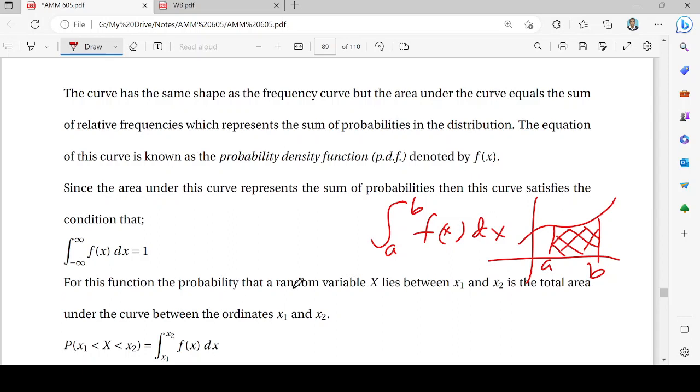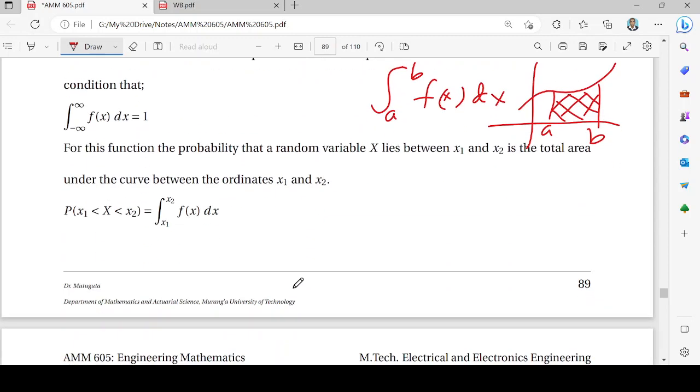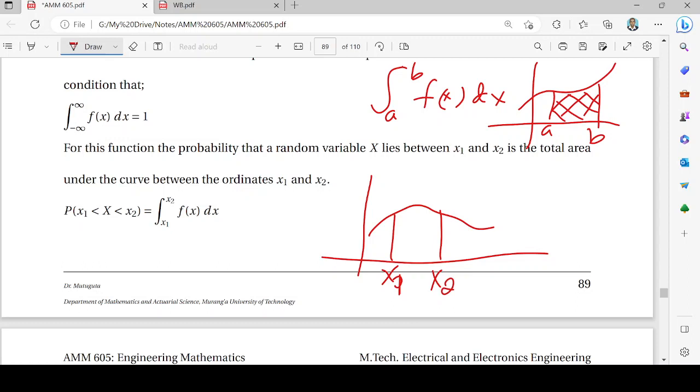So if we want to find the probability that the random variable lies within a given interval between x1 and x2, whenever we have the curve and want to find the probability that the random variable lies between some points x1 and x2, then we find the area under the curve bounded by the ordinates x1 and x2.